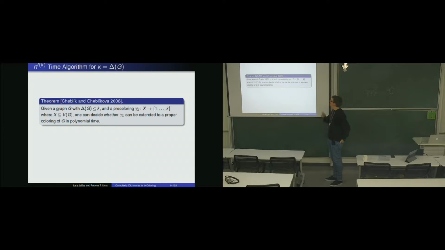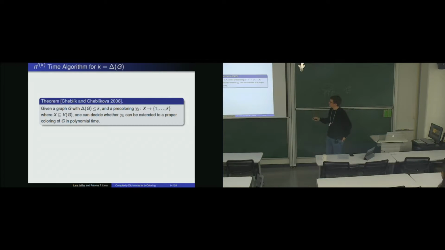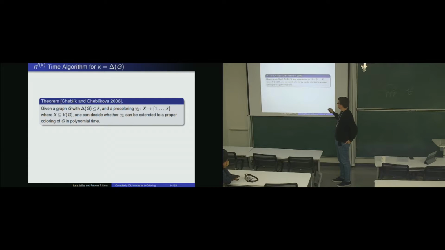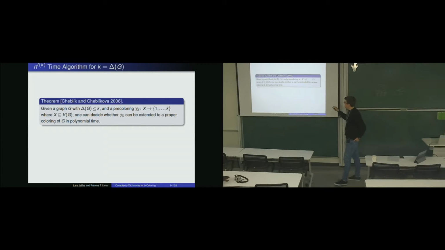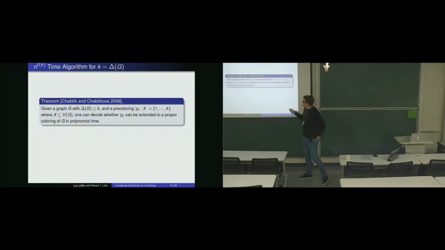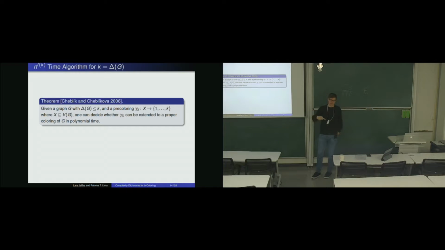Okay, and then the second algorithm for the case k equals delta of G uses the following theorem that says that given a graph whose maximum degree is at most k and some pre-coloring of any vertex set, we can decide in polynomial time whether this pre-coloring can be extended to the rest of the graph.